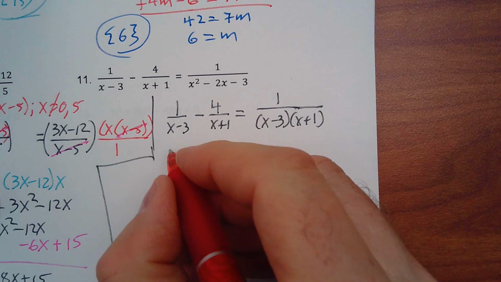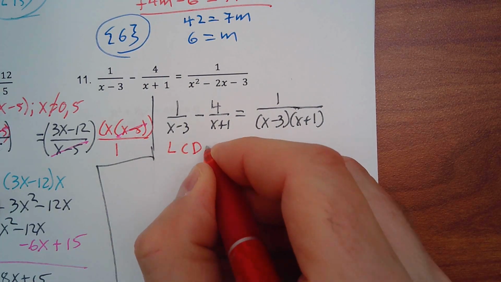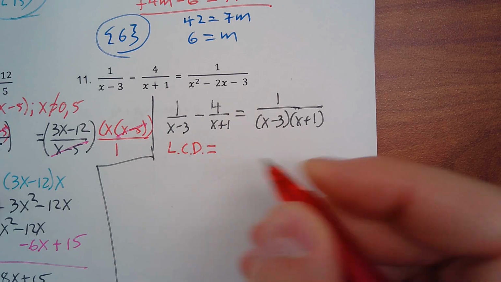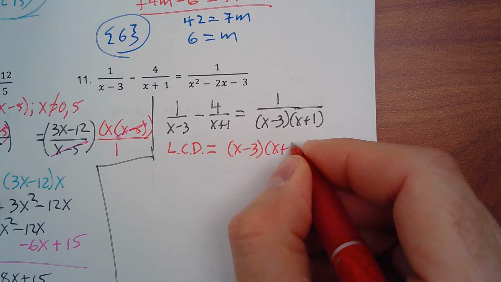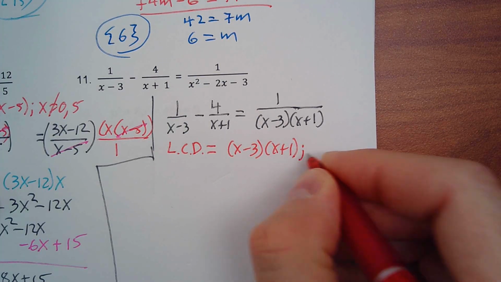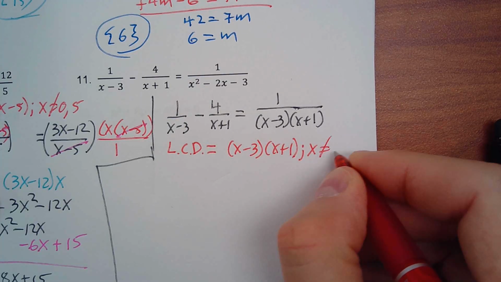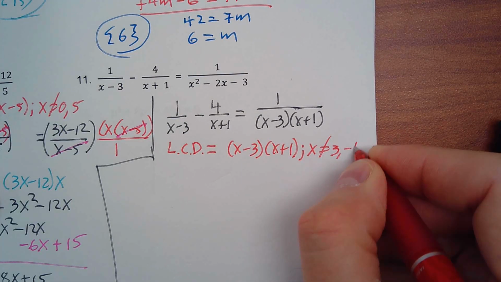So our LCD here is x minus 3 and x plus 1. And our restrictions here is x cannot be equal to 3 or negative 1.